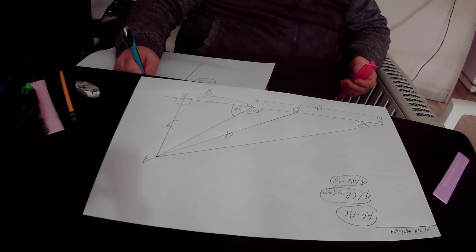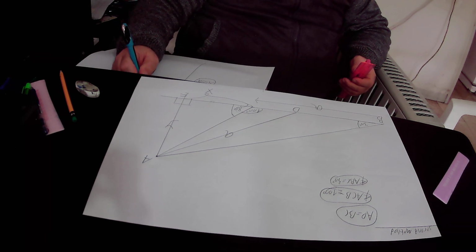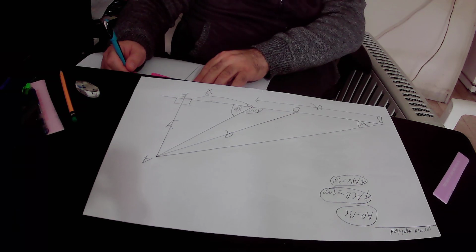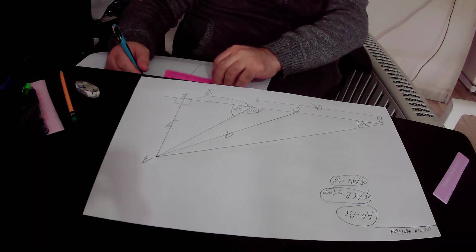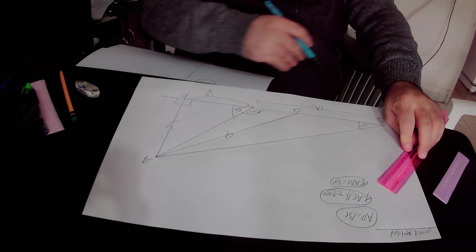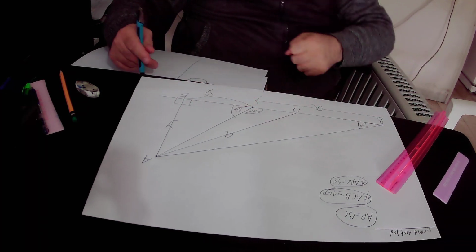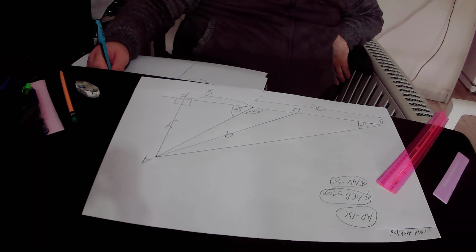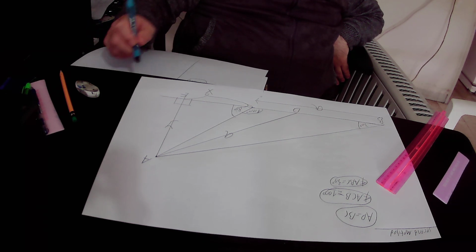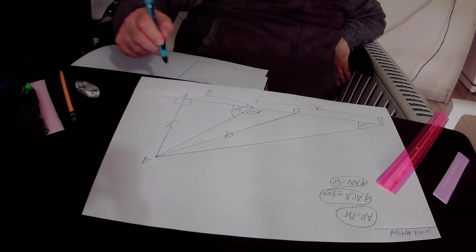On the right triangle, triangle ACE, tangent 80 degrees will be equal to AE over CE.